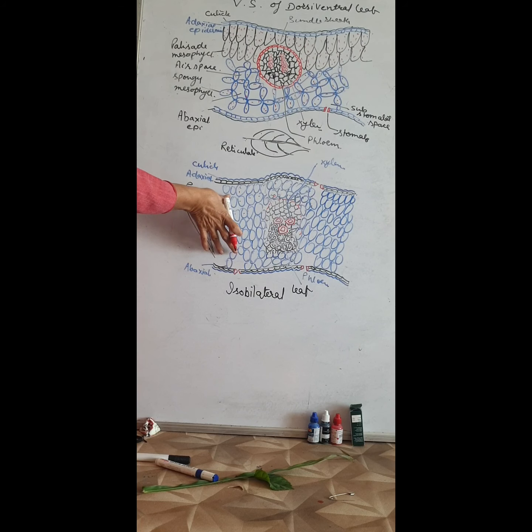These are the mesophyll cells, and the veins in the parallel venation are of equal size. Here in the dicot the veins have different sizes. The side veins are smaller and the midrib is the main. Here the veins are of similar size.